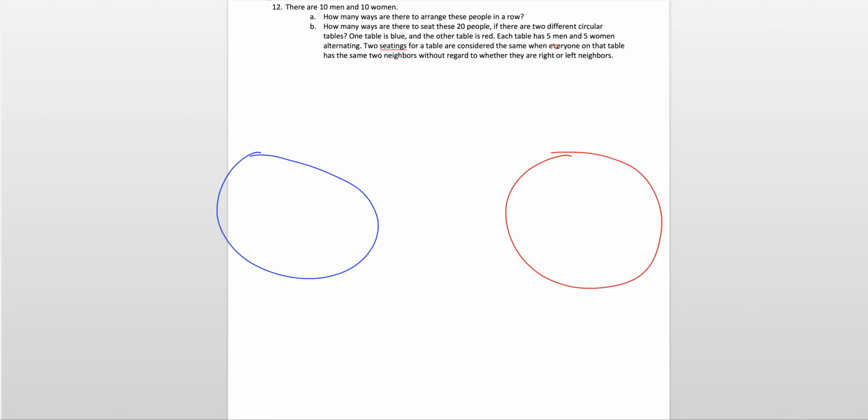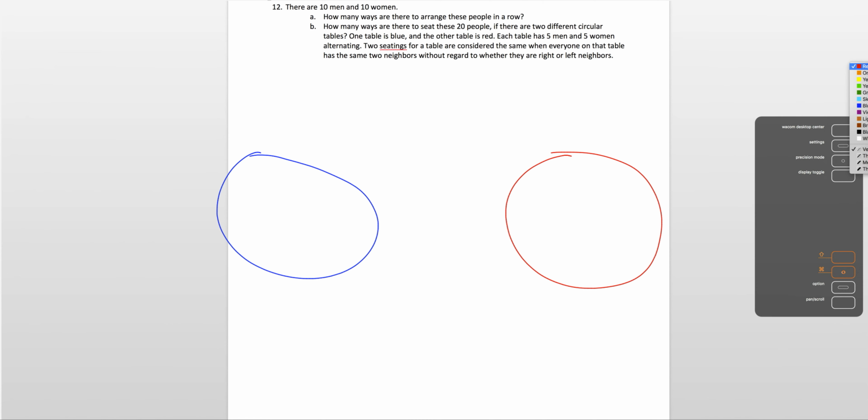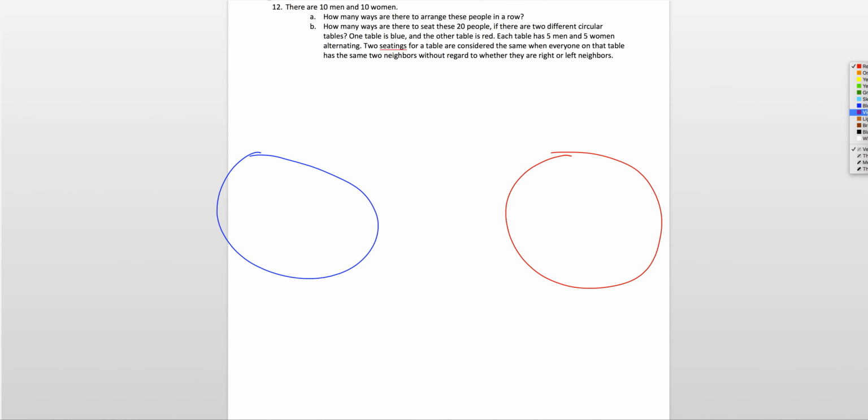Now, which 5 of the men will go to the blue table, and which 5 will go to the red table? To choose among the men who are going to go to the blue table, there are 10 men, so we choose 5 of them to go to the blue table.